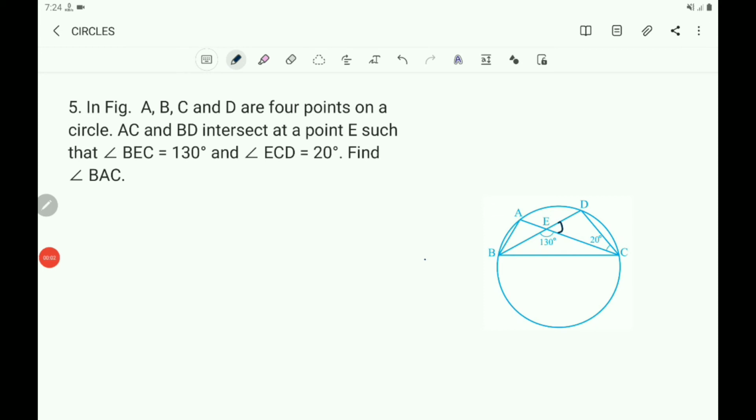You got this is 70 degree and 180 minus sum of this 70 plus 20, you will get the measurement of the angle BDC. And you know that this angle BDC and this angle BAC are the angles in the same segment. So they must be equal. If you got the measurement of the angle BDC, then that is the measurement of the angle BAC. So you write these steps.